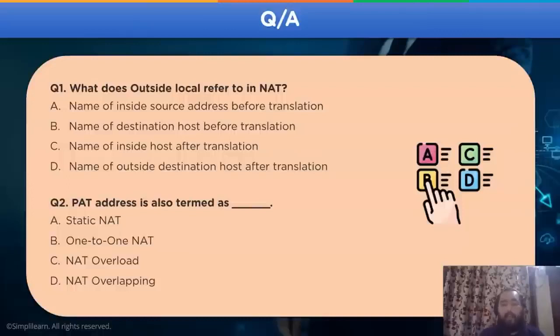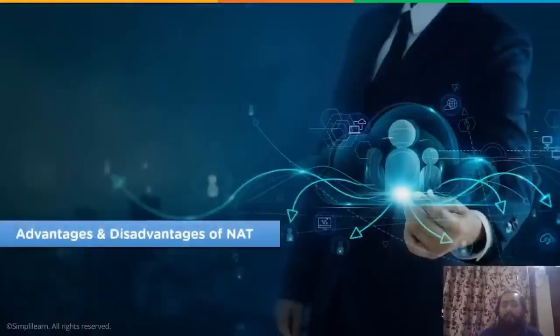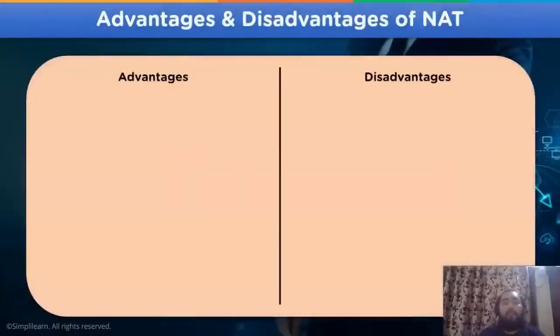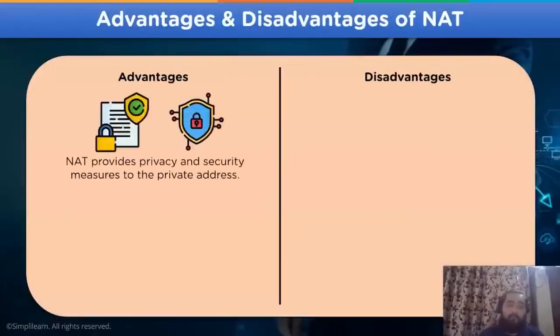Now let's move on to the last heading for this session, that is advantages and disadvantages of applying NAT in a network channel. Let's take a look at the first advantage of using NAT. NAT provides privacy and security to the private address, as it converts the private address to a public address, through which we can prevent our ID from being hacked over the internet.